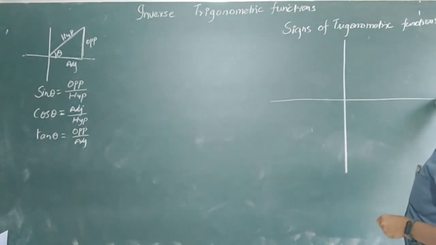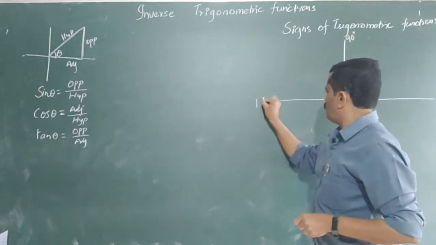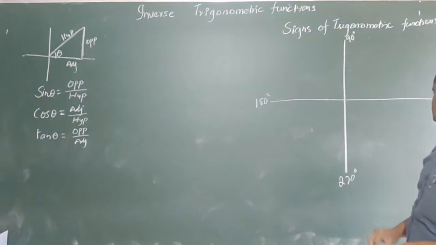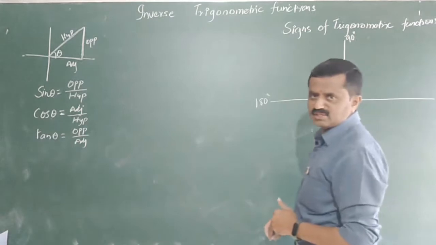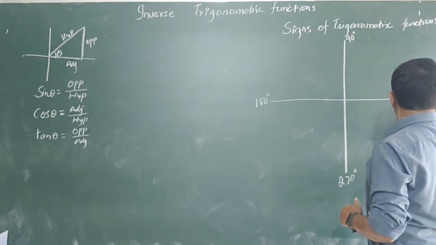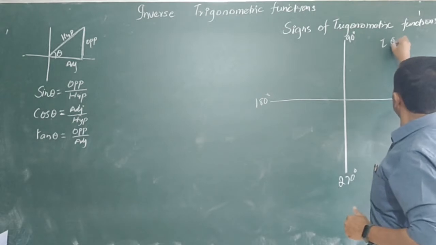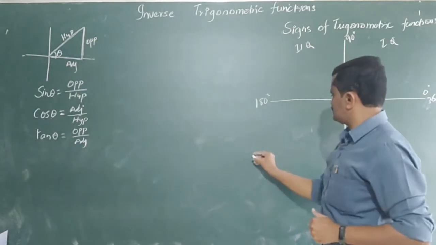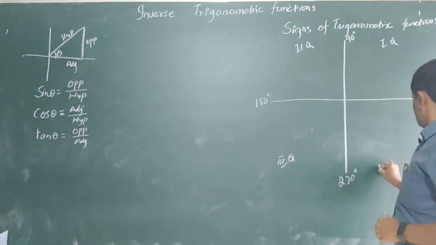This is 0 degree, 90 degree, 180 degree, 270 degree, and again 360 degree. This is the first quadrant, this area is the second quadrant, this is the third quadrant, and this is the fourth quadrant.